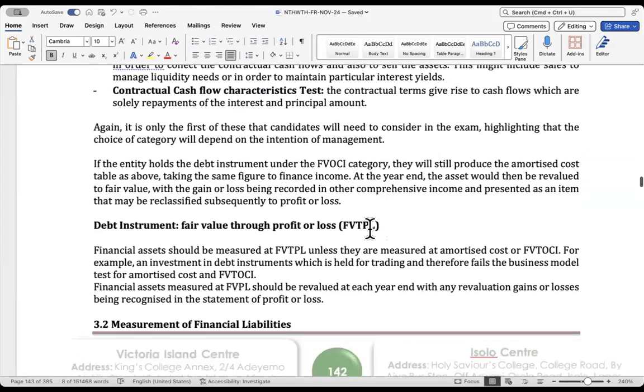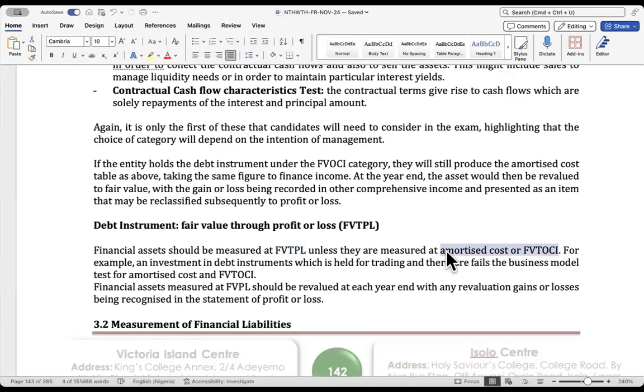Why the third one, which is fair value through P&L, is a default classification, in the sense that primarily financial assets, debts to be specific, should be measured and classified at fair value through P&L unless they are measured at amortized cost or fair value through OCI.